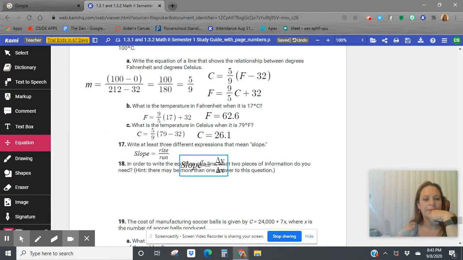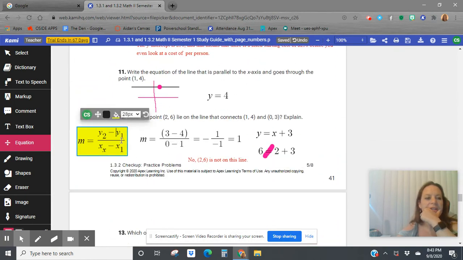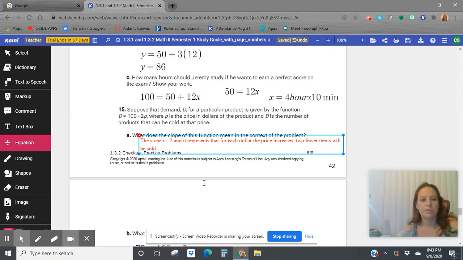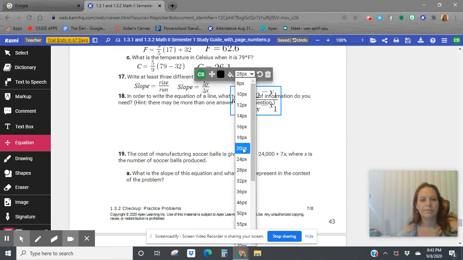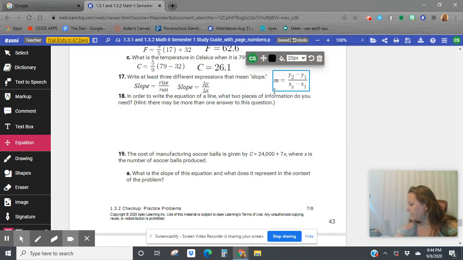See that little symbol there? It's like a little triangle that stands for delta, which is change in the Greek alphabet. Or we could use the straight up slope formula, which we have right here. M equals y minus y over x minus x. There's 3 ways we could say slope.